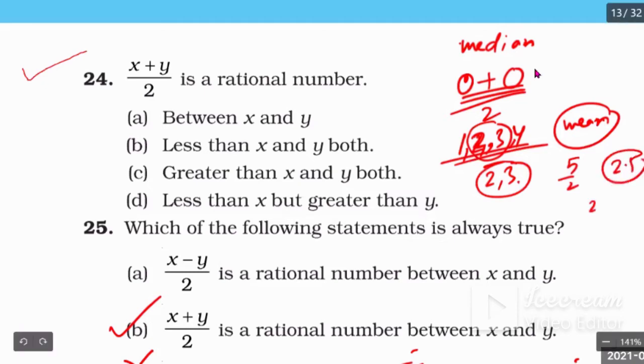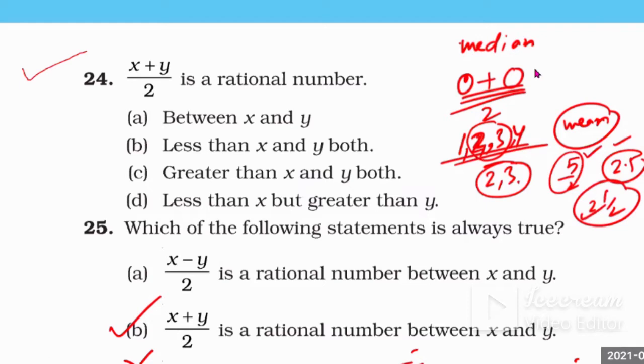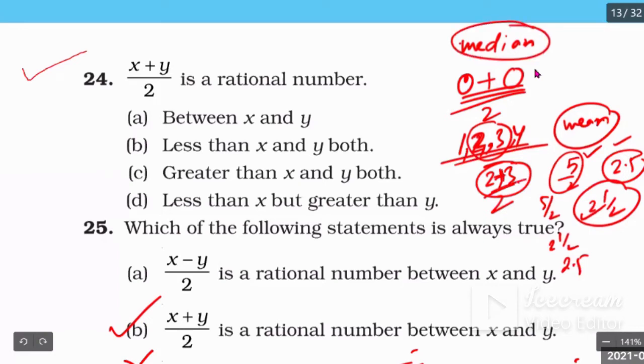Or you can say 2 and 1 by 2. All three are the same. So you have to add both and divide by 2. It's so simple. Why do you forget? Don't forget mean, median, mode. Okay, one question is fixed.